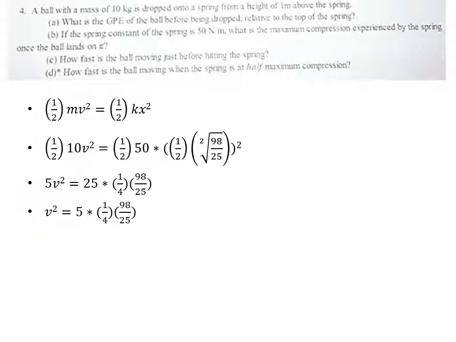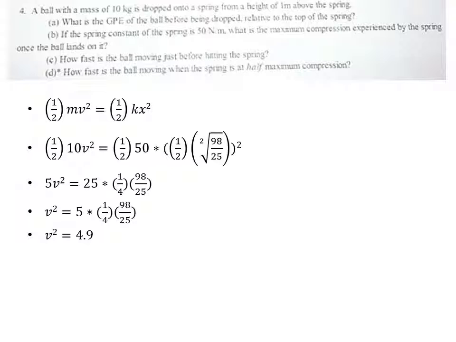We divide both sides by 5. The left side is v squared, and the right side is 5 times 1/4 times 98 over 25. Next, we simplify further. 5 times 98, all divided by 4 and 25, is exactly 4.9.